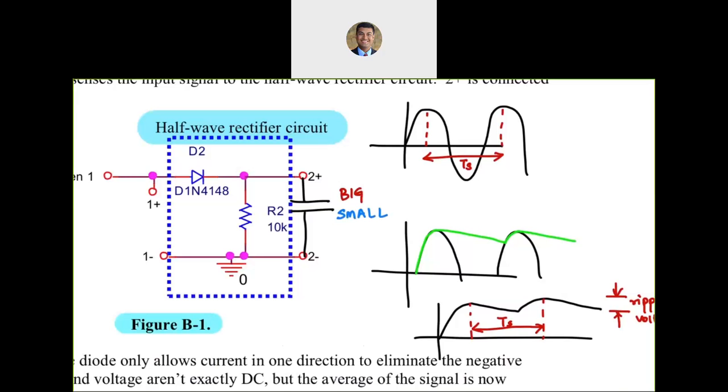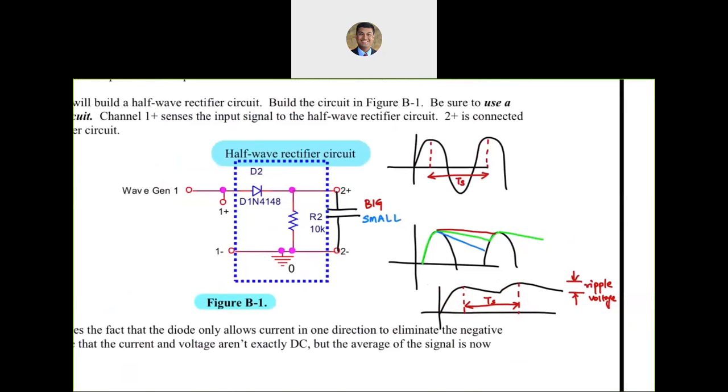So if you have a smaller capacitor, then you are going to discharge faster, and if you have a bigger capacitor, you are going to discharge slower. So if you want to reduce your ripple voltage, then you want to use a bigger capacitor as your smoothing capacitor.